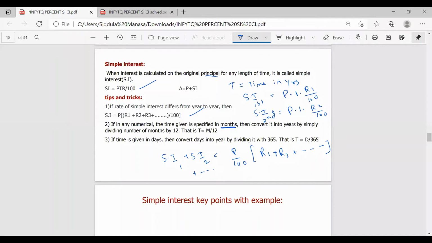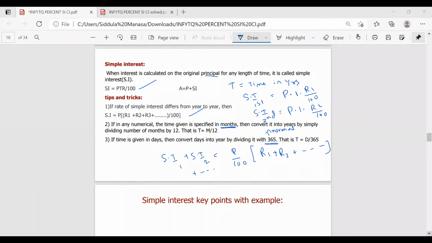In the same way, if time is given in days, convert the days into years by dividing by 365 for a normal year. If it is a leap year, divide by 366. So time equals days divided by 365 for a normal year, giving the value of T in years.